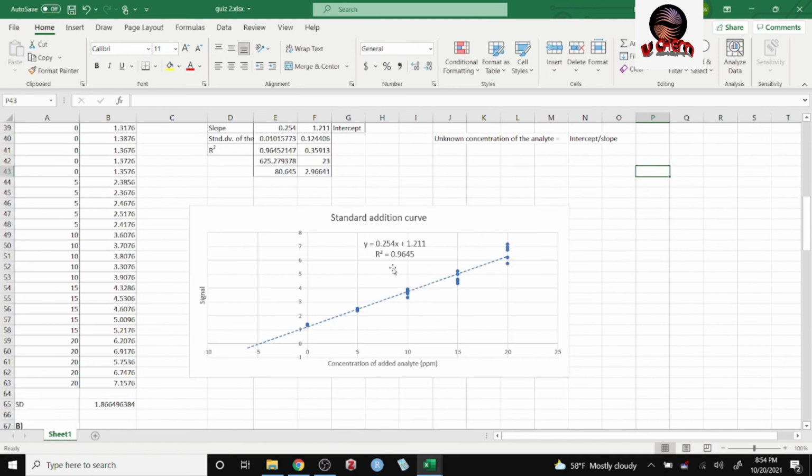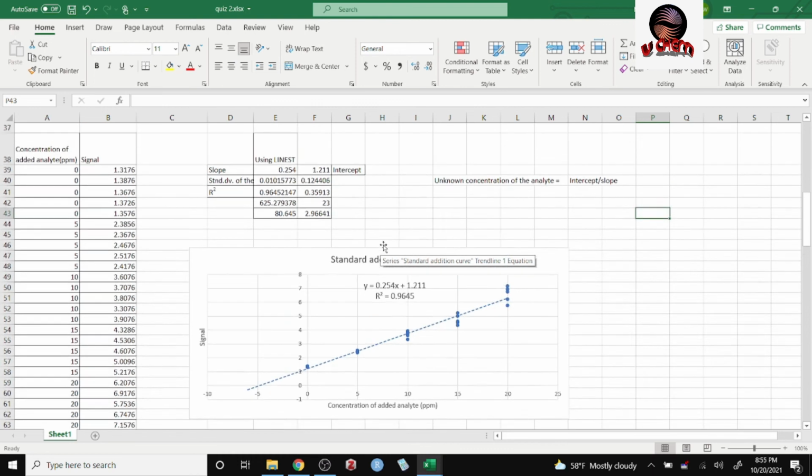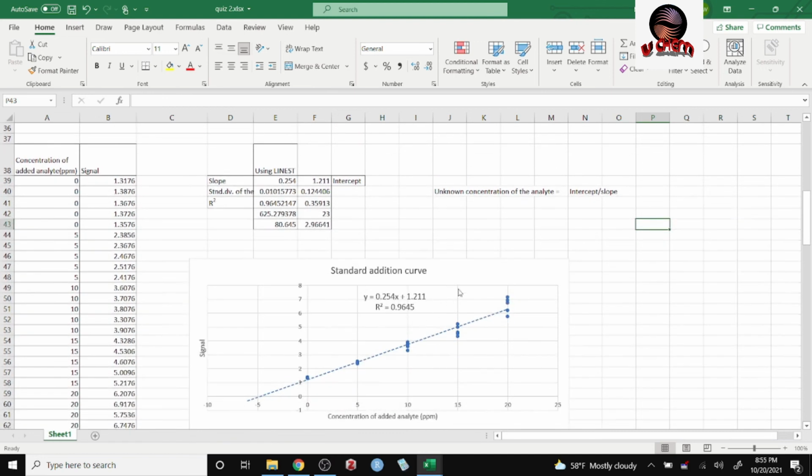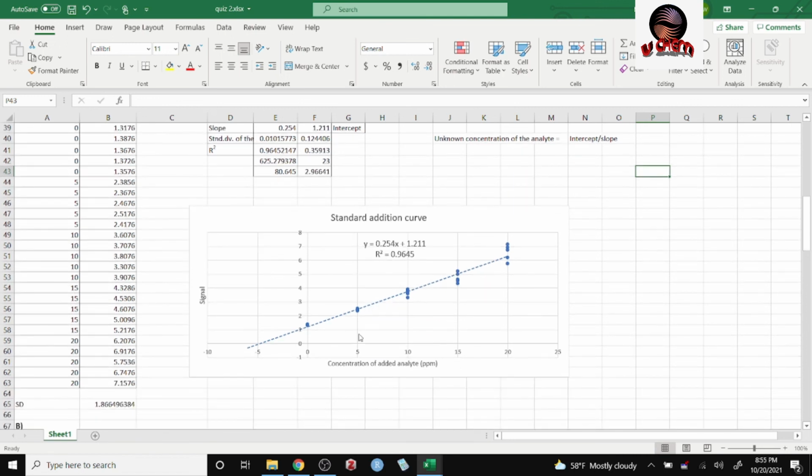Then you can get the value of this point. So this is the way we can do the standard addition curve in Excel and get the unknown concentration of the analyte. So this is it.